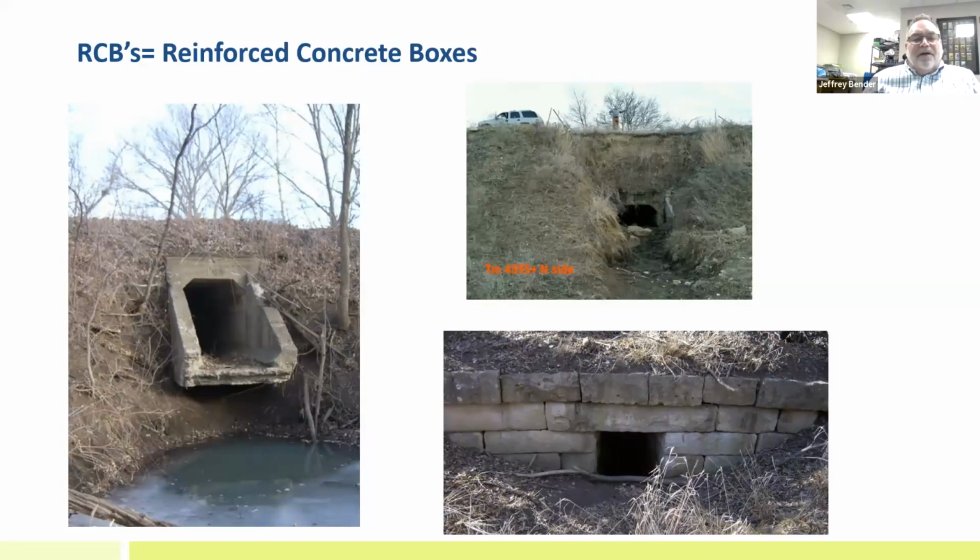All that scouring from the water coming out has eroded out all the material underneath it. I've seen some of these sticking out from underneath the rail beds 10, 15 feet long up in the air. That's the result of excessive erosion and no riprap or erosion protection.